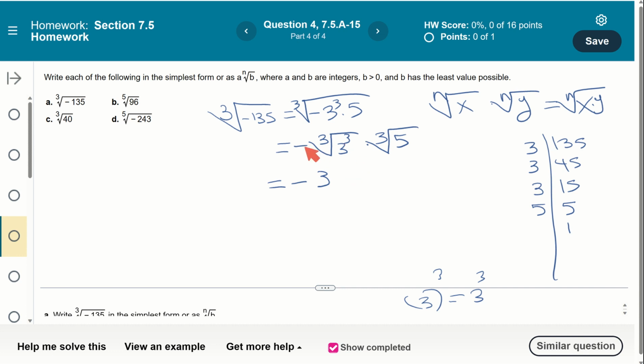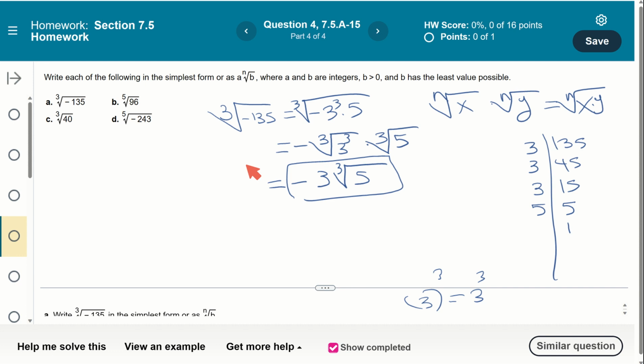So this part just becomes negative 3. And what are you left with? You bring down that cube root of 5. So now this is the simplified version. Basically, you bring any perfect cubes out from under the radical in the process of simplifying these.